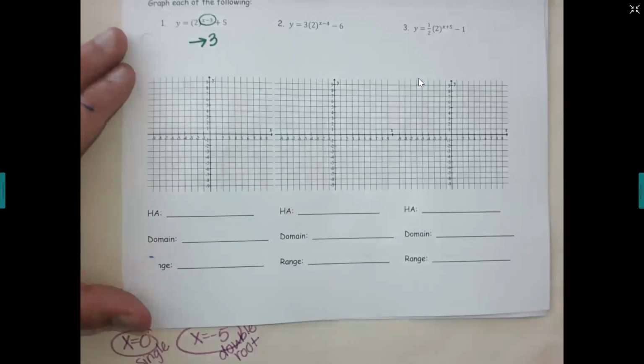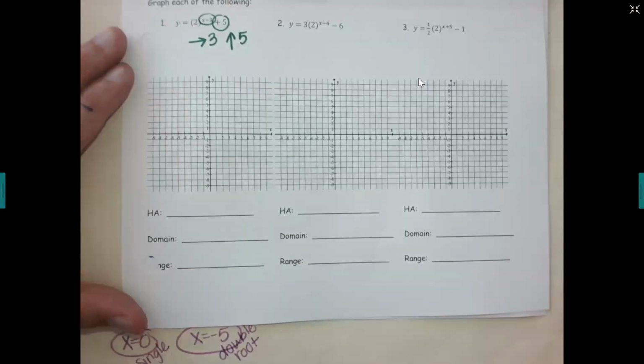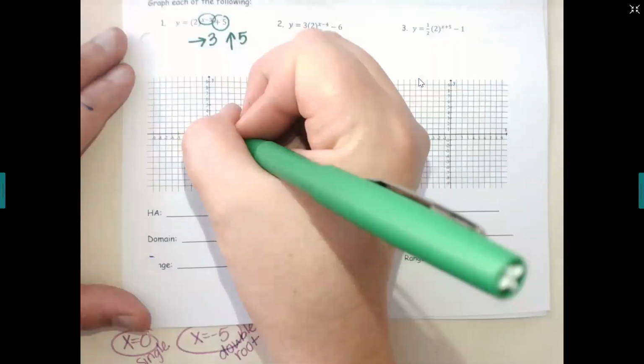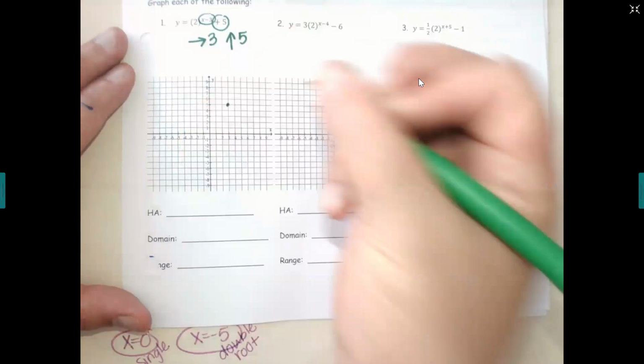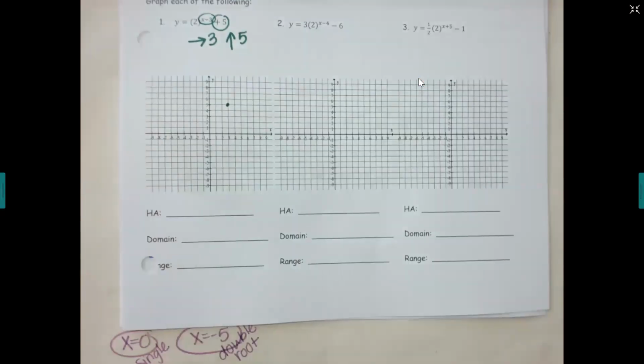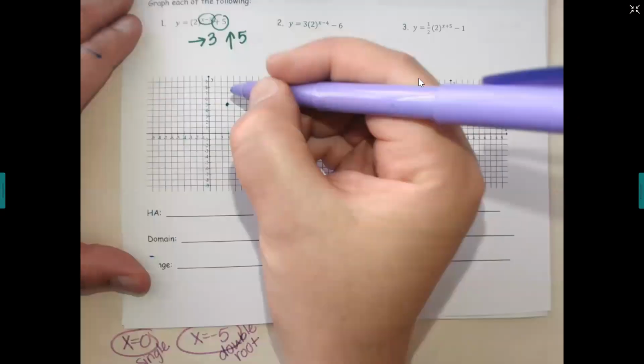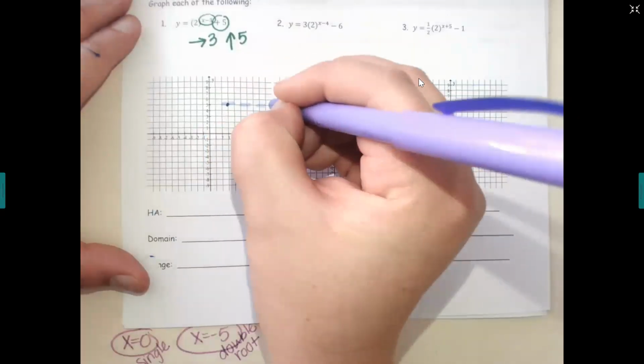And then what do you think the plus 5 in the back is going to do if the rules are always the same? Up 5, very good. So on your graph, I want you to go to the right 3, 1, 2, 3, and then up 5. And that's where your asymptote goes. So once I hit that 5 value, I'm going to draw in my flat line here.